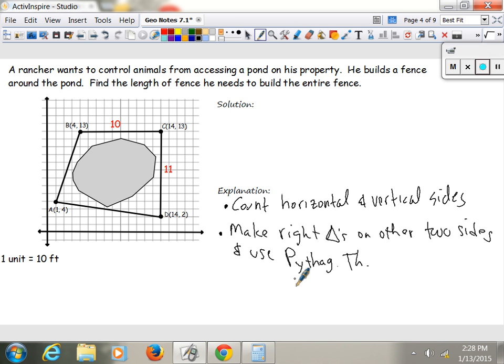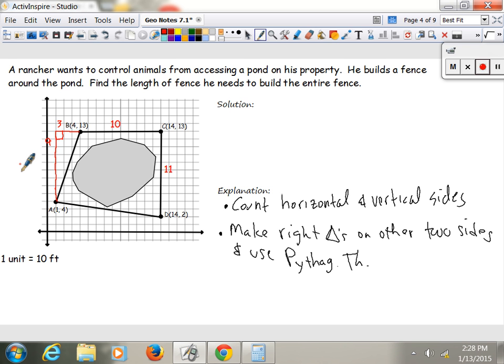So let's do that next. I'm going to do that in red so you can see it a little better. I'm going to go over 1, 2, 3, and down 1, 2, 3, 4, 5, 6, 7, 8, 9. So over 3 and down 9. Okay, that's a right triangle. I can put a box right there.